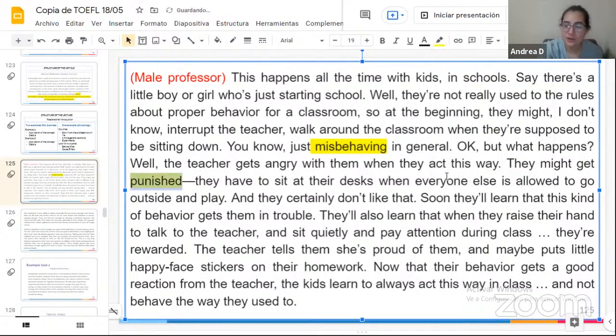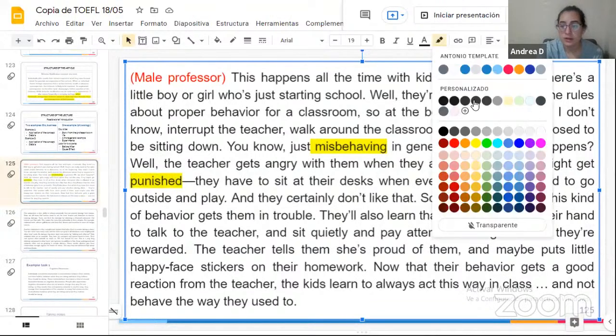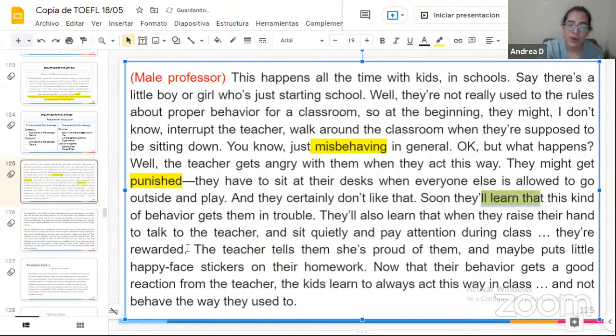Perfect, that's it, you got it. So when kids misbehave, they get punished. But if they behave well, if they do what they're supposed to do, then they get rewarded. That's perfect. Okay. And any before and after, or any sequence of events, something like that here?